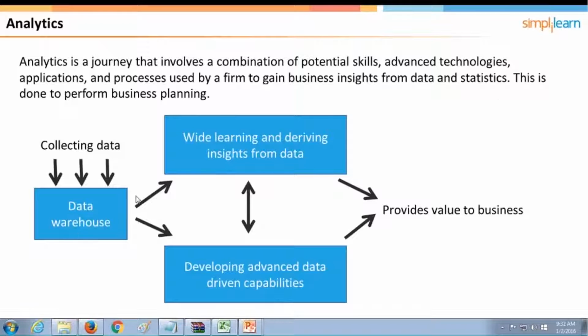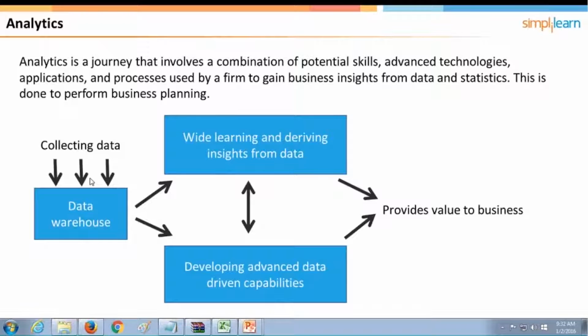For every process that we do with data science, it deals with data, so there should be some source where you are collecting all your data. This is where, in a data warehouse, you'll be collecting all your data. Once you collect it, you need to know what your data is and what parameters are available in it.